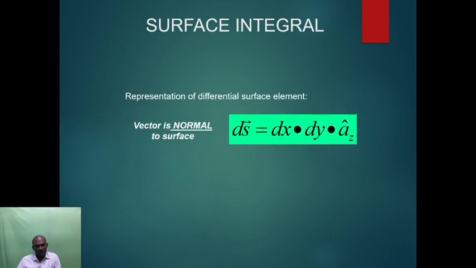In a surface integral, we have the multiplication of two differentials, dx and dy. The other is constant, so the resulting area is in the z direction.